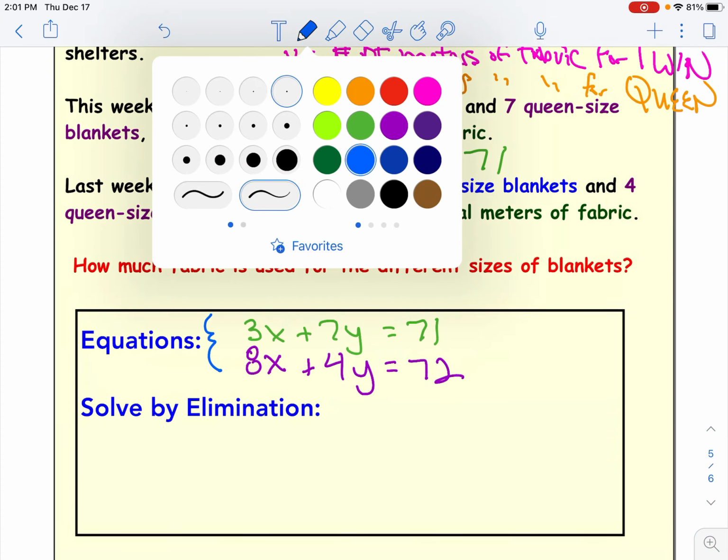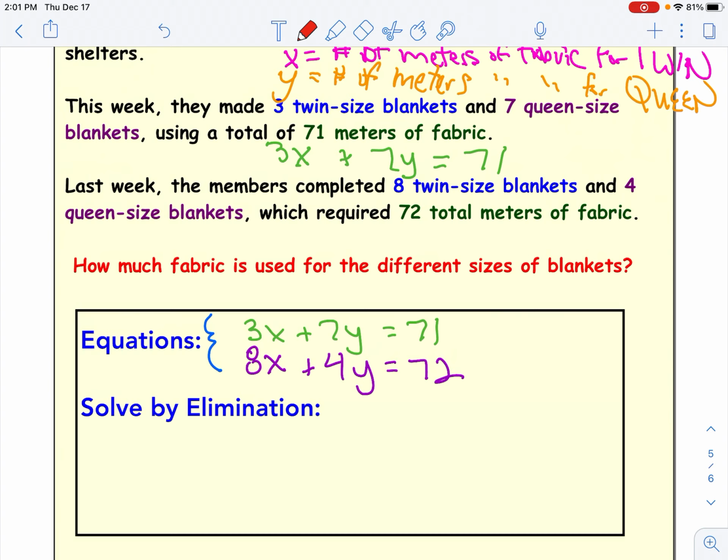So in this first equation, I could actually multiply each of the numbers by 8. And when I do that, I have to multiply each value, so that is going to give me 24x plus 56y equals 568. Again, this is a calculator problem. Okay?